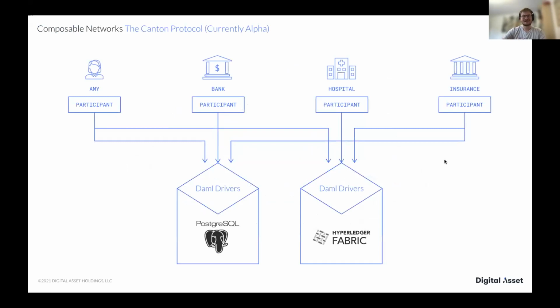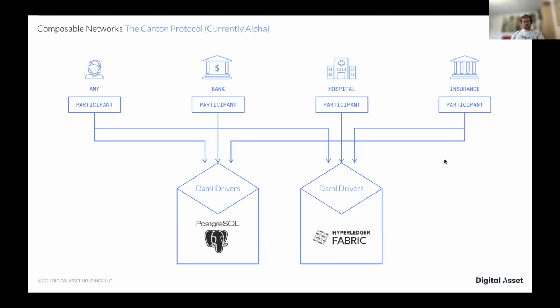But this is where the second composability comes in, which I like to call network composability. And this idea of them being on different Daml ledgers, basically we're just saying that doesn't exist. Conceptually, we think of all Daml applications in the world living on the same virtual shared ledger.